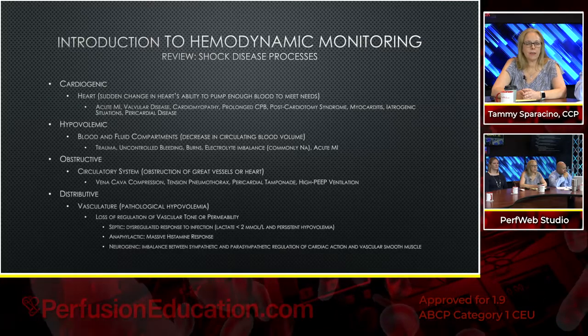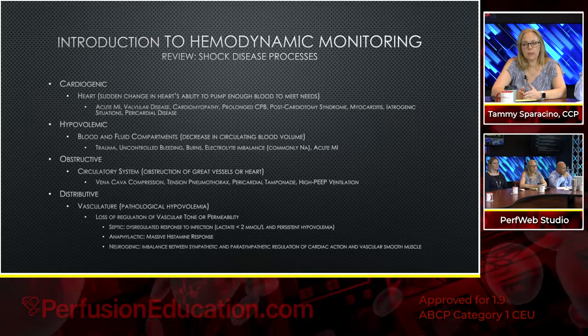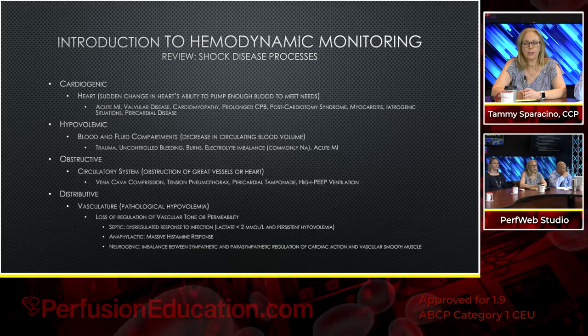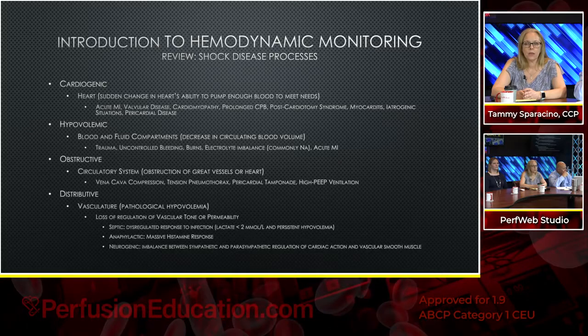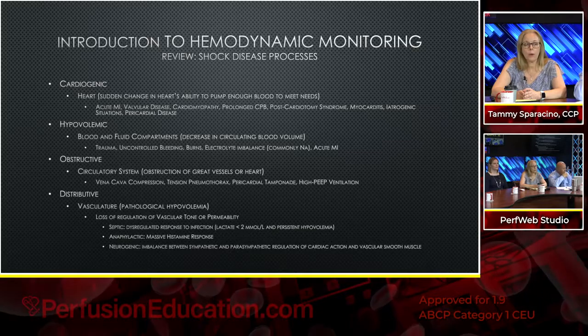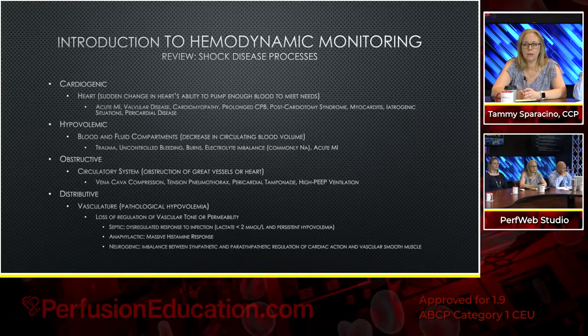And then we have distributive. Usually we're just thinking of it in septic terms, but it is actually all about the vasculature and any pathological hypovolemia. So it's just a loss of regulation in the vascular tone or permeability. Are you leaking?